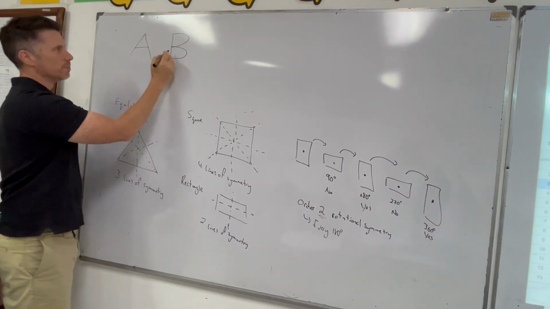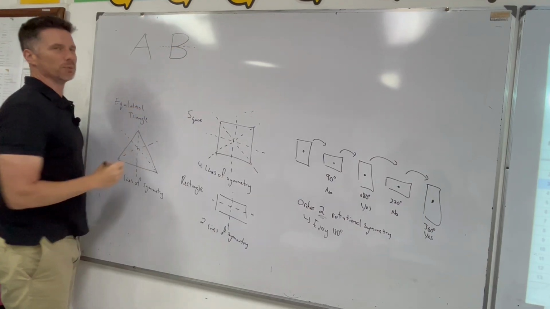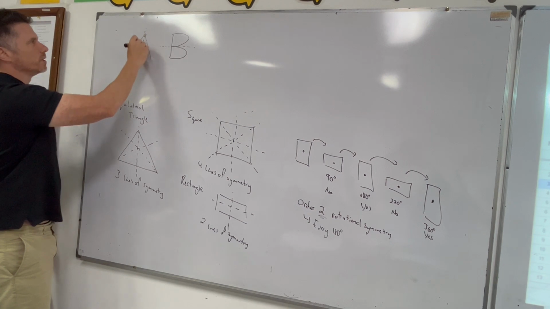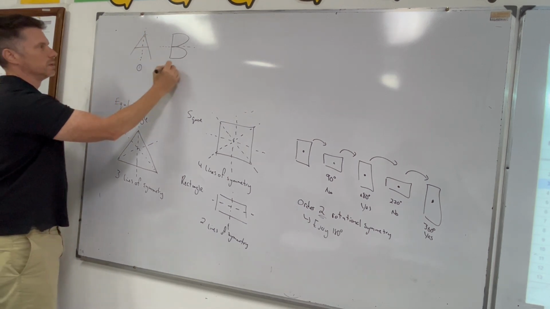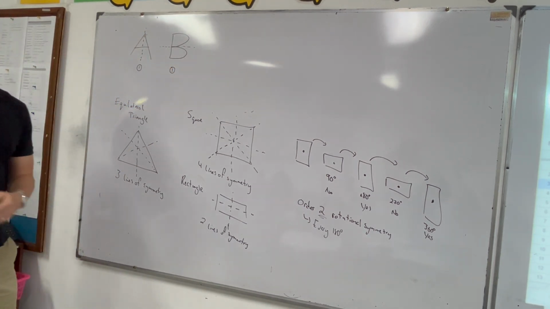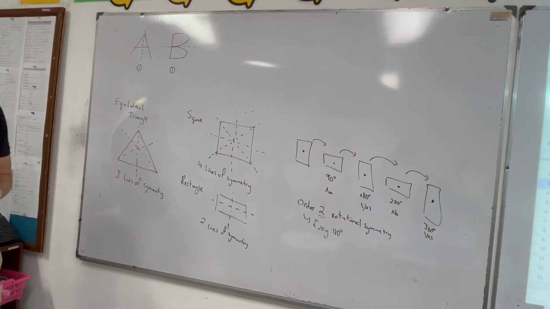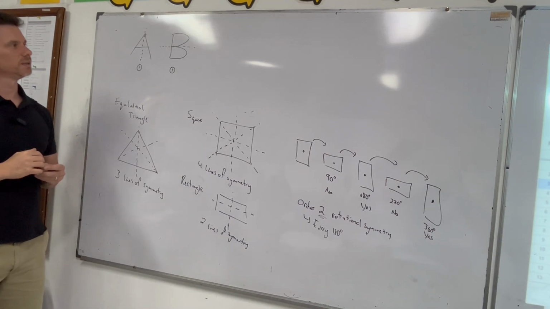But if I draw it perfectly, it would have 1 line of symmetry. You could fold it this way, yeah? And A would have 1 if I drew it perfectly. So 1 and 1. Go through all the capital letters of the alphabet and see how many lines of symmetry each one has, if you drew them as perfectly as possible.